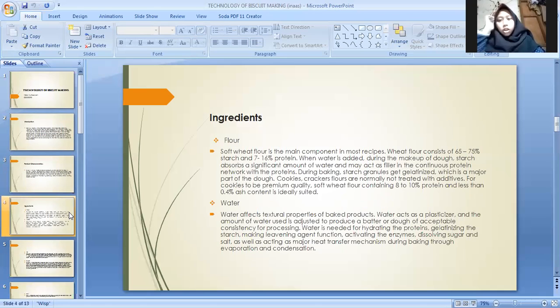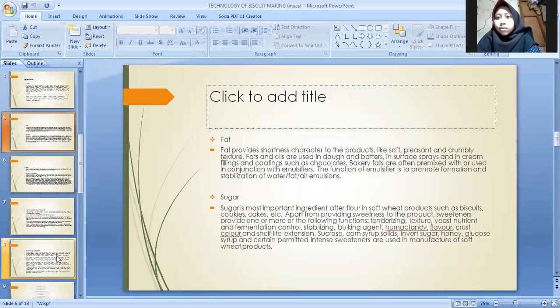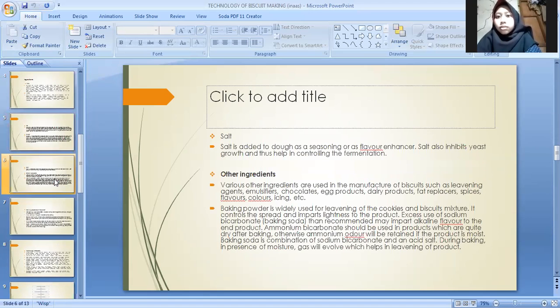Ingredients consist of 1. flour, 2. water, 3. fat, 4. sugar, and the last, salt.